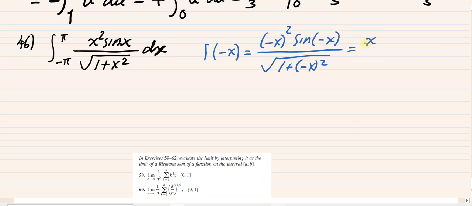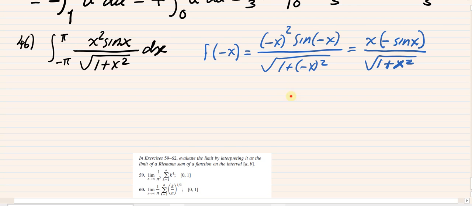That makes it x squared. Sine is an odd function, right? So sine of negative x is going to be negative sine of x. And the denominator, of course, is unchanged. 1 plus negative x squared is just 1 plus x squared.